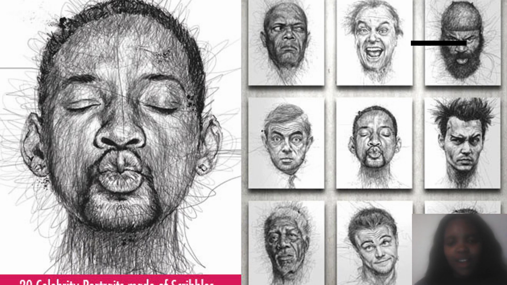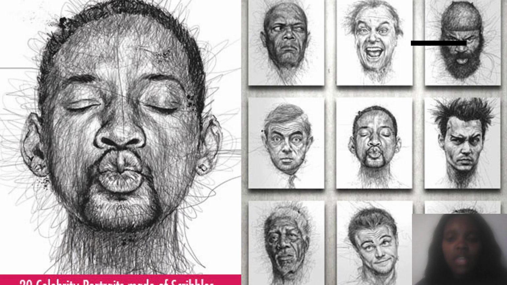Follow-up question after that. Is this a drawing or a picture, right? Okay. So many of you are now saying that it is a drawing, and that is correct. It is indeed a drawing, because this is called scribble art.